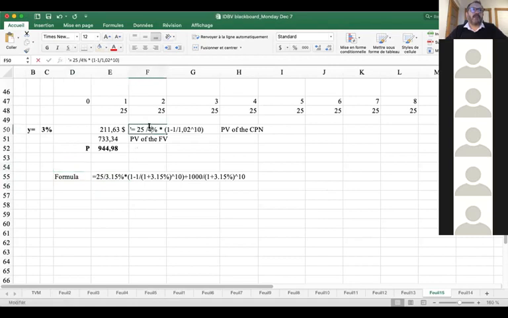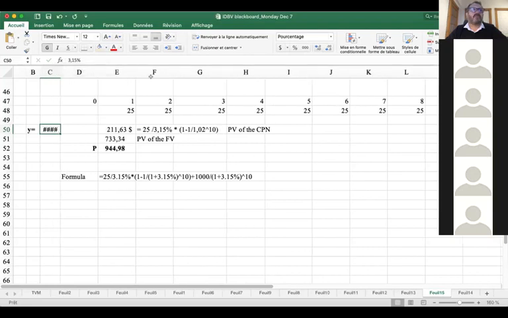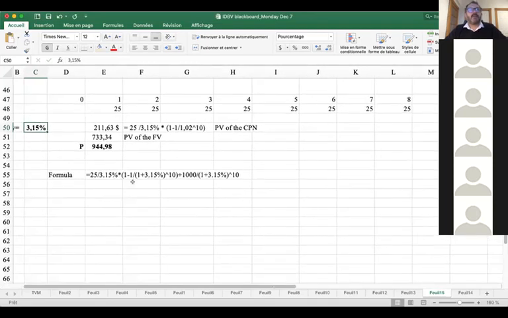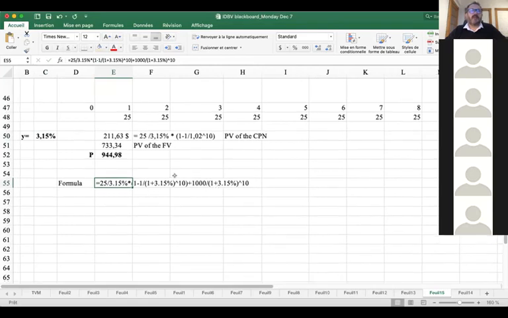So it's here 3.15. When we have 3.15, we have this formula: 25 divided by the rate times the discount factor for 10 periods, plus 1,000 divided by 1.0315 to the power of 10 periods.